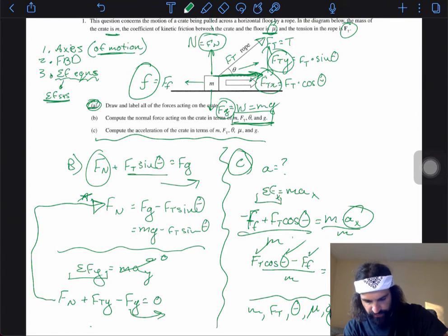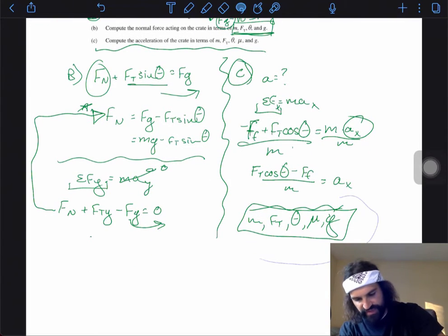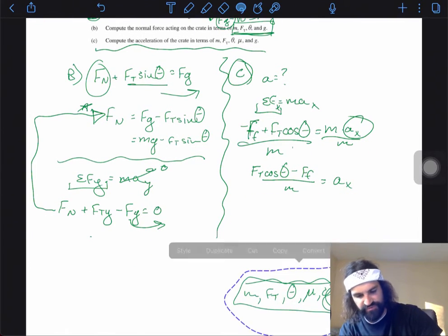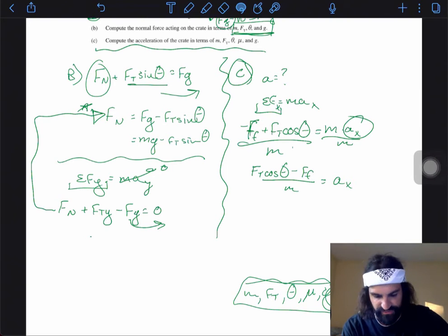Fair, fair. Ooh, we're not allowed to use friction. So that we aren't allowed to use. I'm glad I put this at the bottom because I would have thought that I was done. So I'm going to move that down, and now we need to replace force of friction. So now I'm looking at my equation sheet thinking, okay, how can I replace force of friction? Or I'm looking at my free body diagram thinking, how can I replace force of friction?